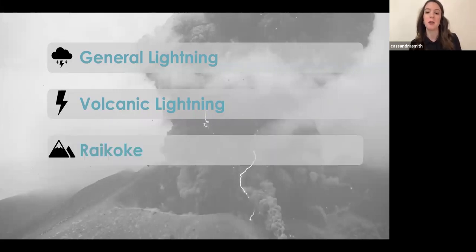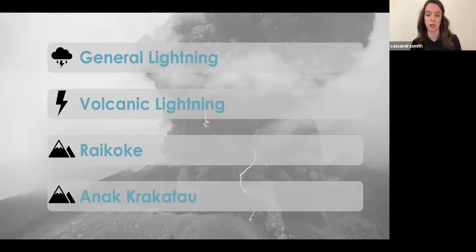I'll then talk about 2 different case studies, Volcanic, which is the focus of my postdoc project at this point. And then at the very end, I'll touch on some work done at Anak Krakatau with the eruption in 2018 and how that's informing some of the work I'm doing at Volcanic, and kind of bring it all together.